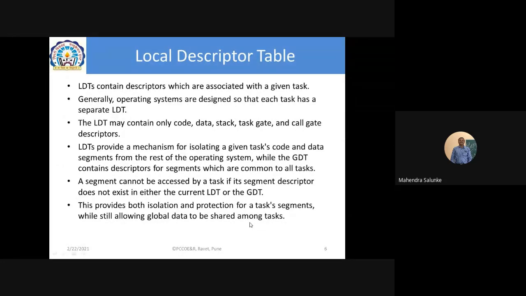Now, let me tell you about a situation. Many of you must have come across this particular situation when working with programs. Whenever you are trying to access system level functions, and whenever you are accessing pointers, what type of error are all of you facing? Many of you must have faced this particular issue while executing a program.